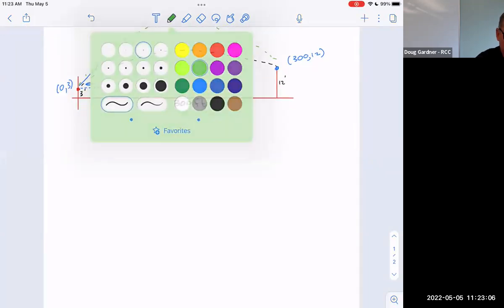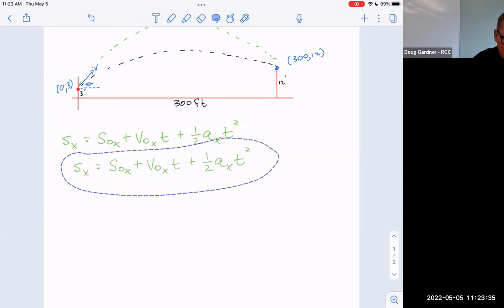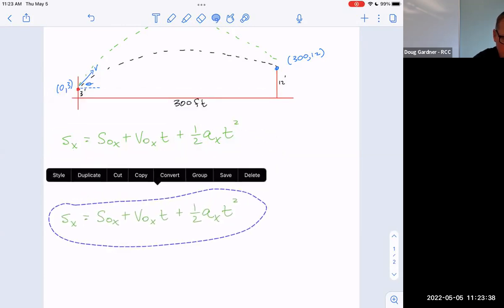Again, this is only for fun. I'd rather you just reason with me, think about this. So here's our basic equation. I just chose to write it backwards, kind of in ascending order instead of descending order. And of course, the same thing is true for y.